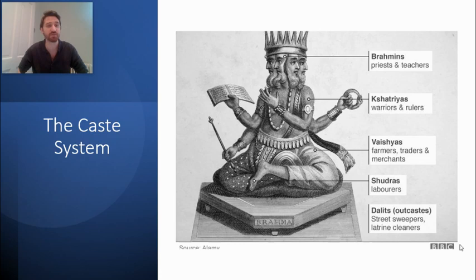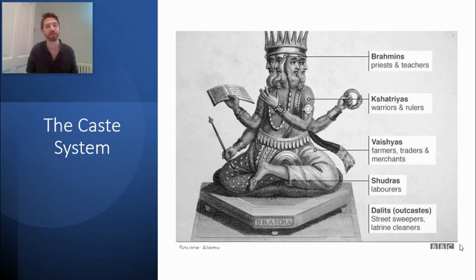Underneath the top of the social structure, you have warriors and rulers. So the local princes are actually held in less esteem than teachers or priests. Below warriors and rulers, you have people who feed the country and stimulate the economy in farmers, traders, and merchants. Below them, laborers.